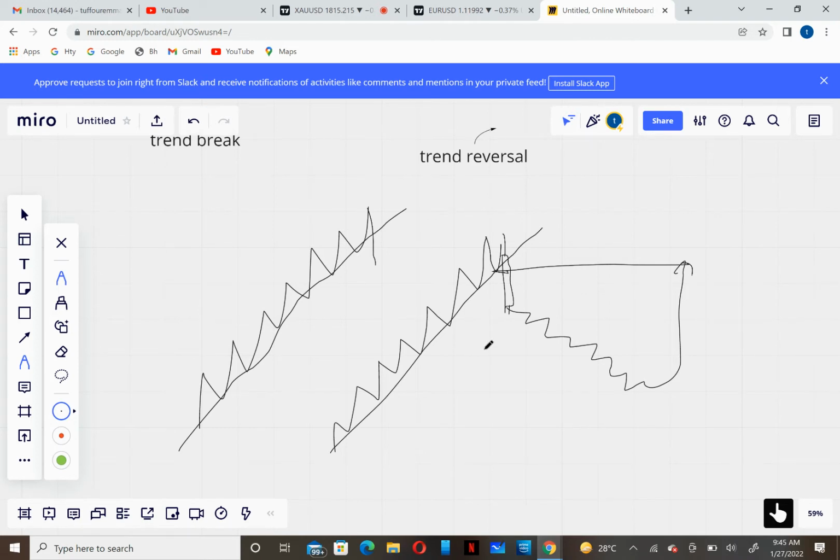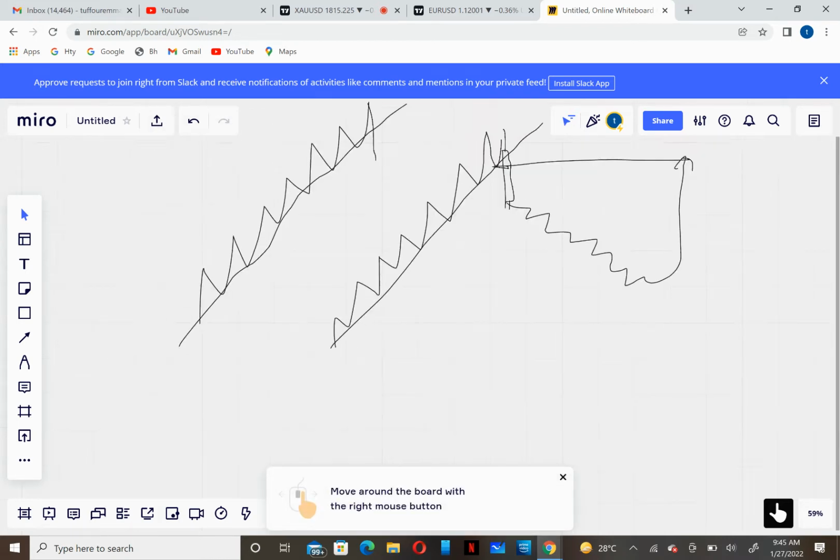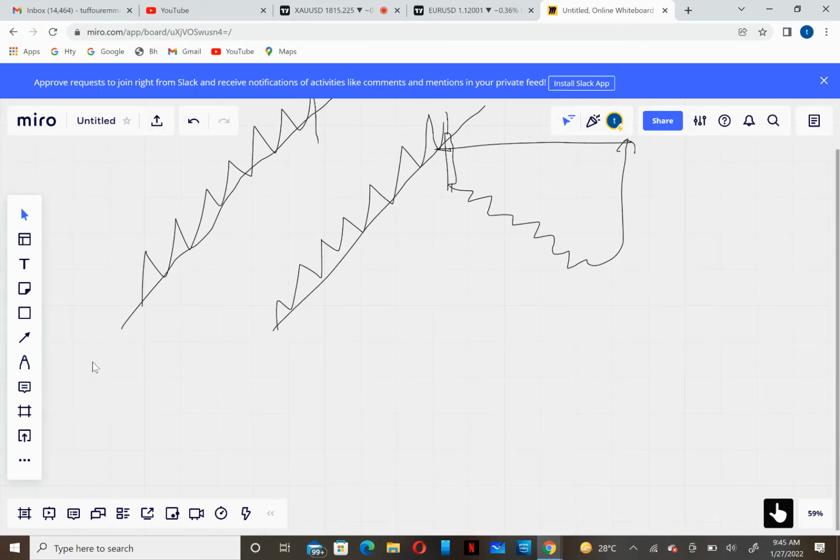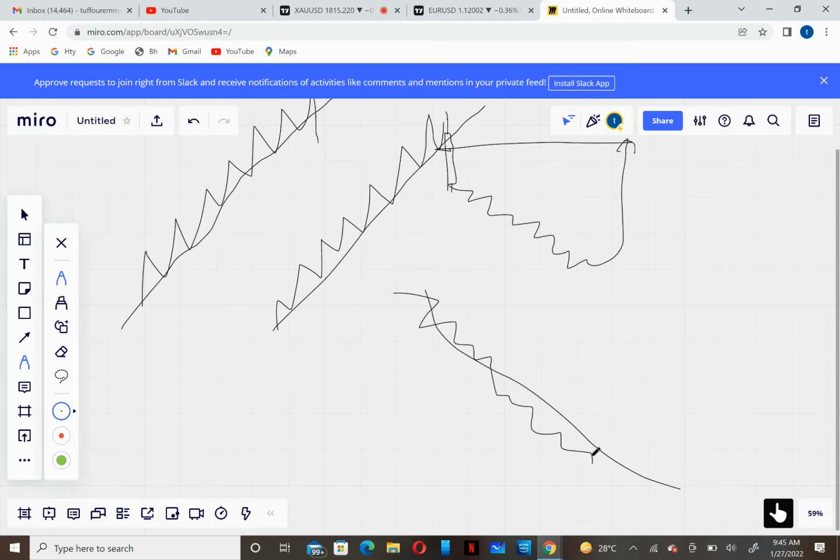Okay, let me take it again. Whenever we have a downtrend, we have our trend line passing, and then we have a new candle closing and breaking our trend.